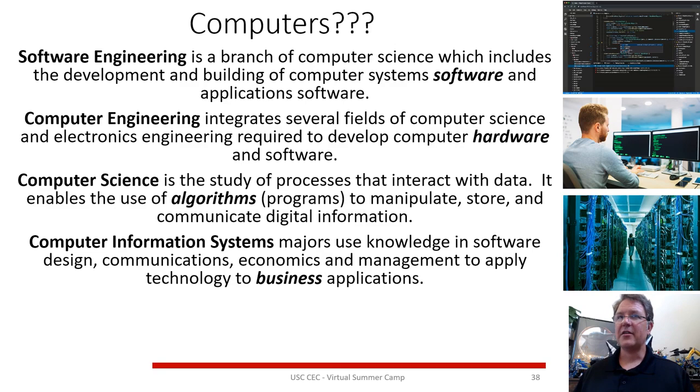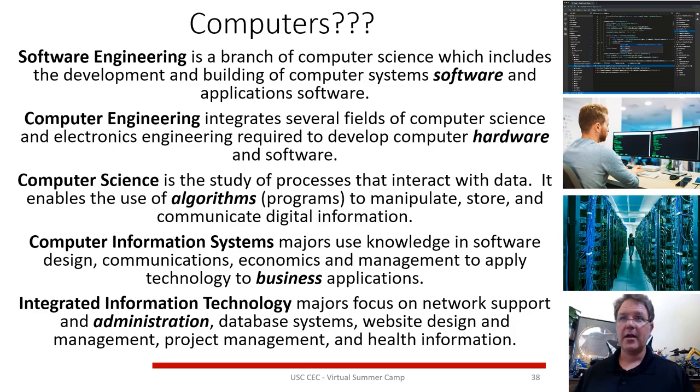Computer information systems is a business application area. Computer science is pretty general, but computer information systems is more about business applications, and integrated information technology is more system administration. So they're all different shades, very related.